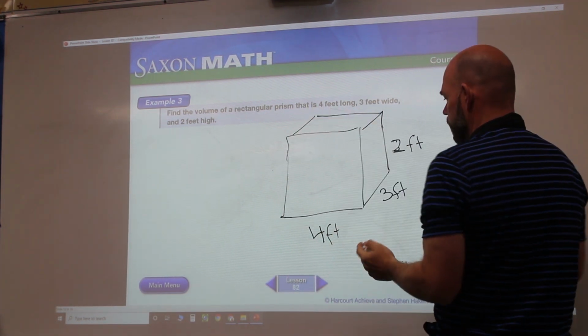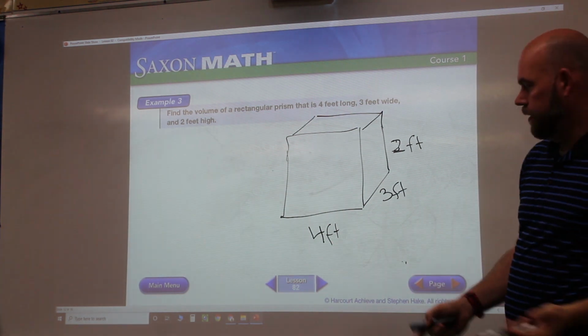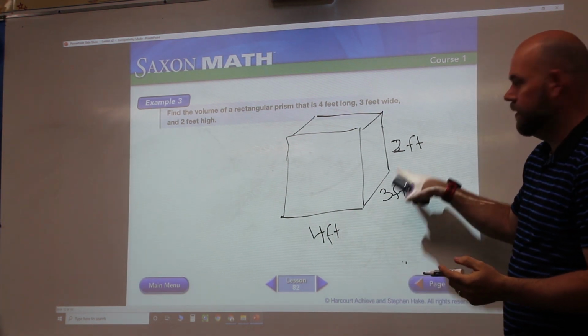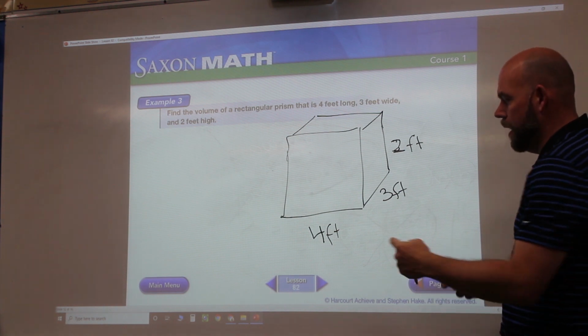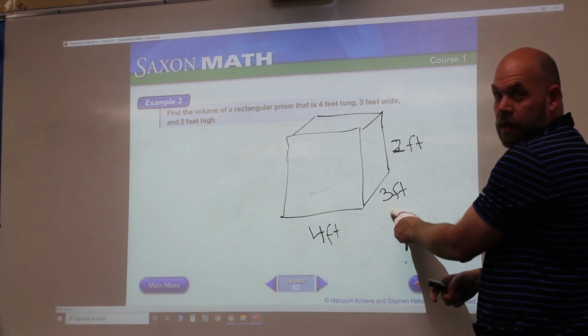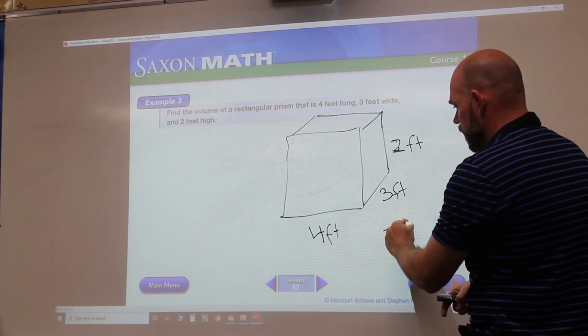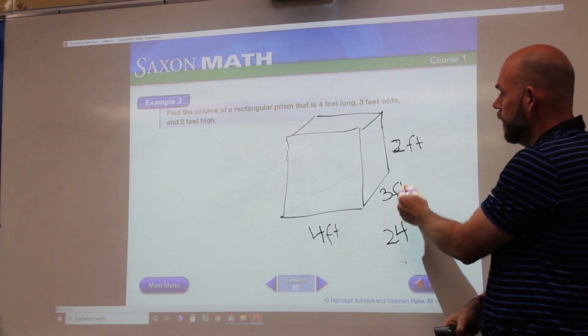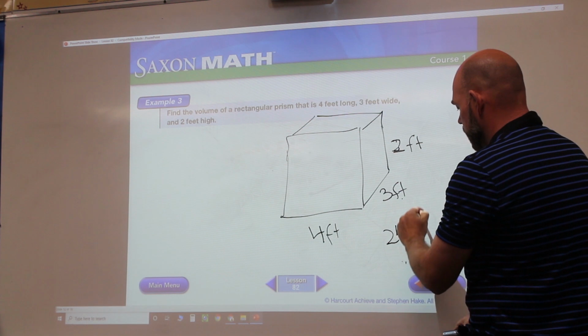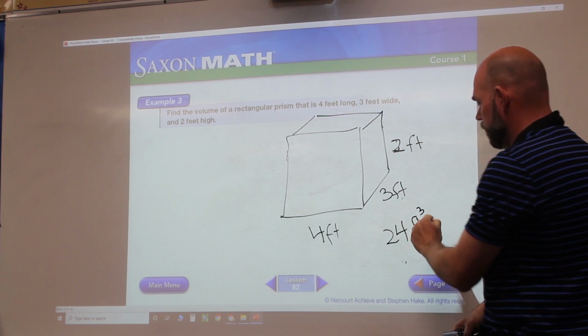Get our pretty box. Alright. But what matters here is the units, right? 4 feet times 3 feet times 2 feet. Now we can do this with mental math. 4 times 3 is 12, times 2 is 24. Feet times feet is feet squared, times feet is feet cubed. So we have feet cubed.